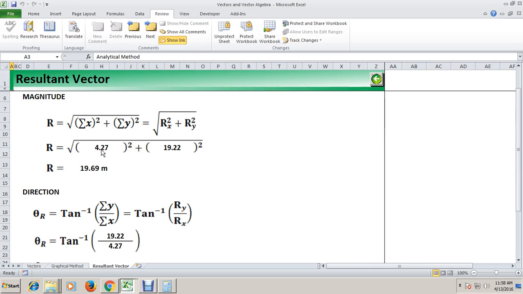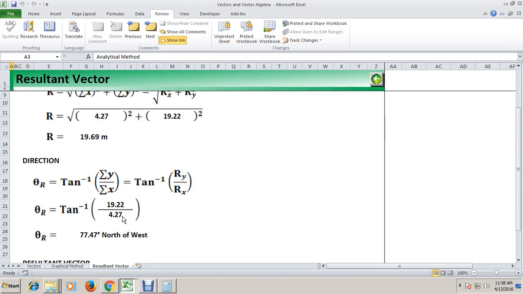So our 4.27 value, since it is negative in our computation, although it's negative, we'll be computing it in its positive sense. The same goes with our inverse tangent. Our computation for 4.27 was negative, but if you're going to input it in our formula, you should input it in its positive sense, in its absolute value. So positive 4.27.